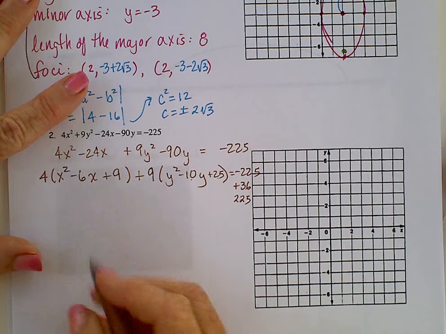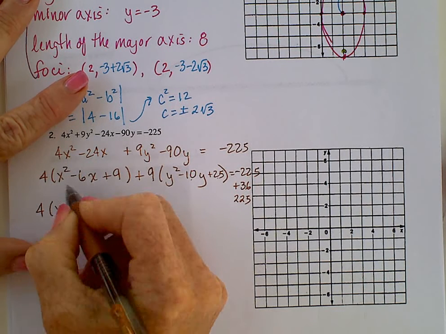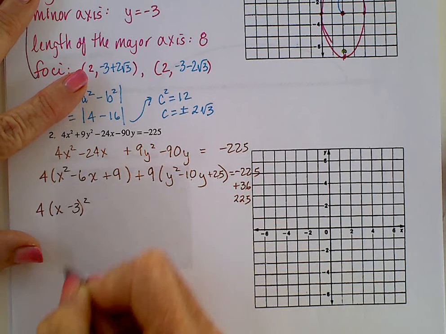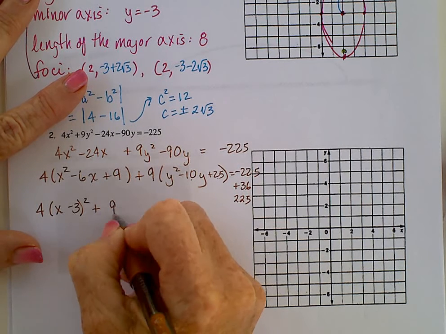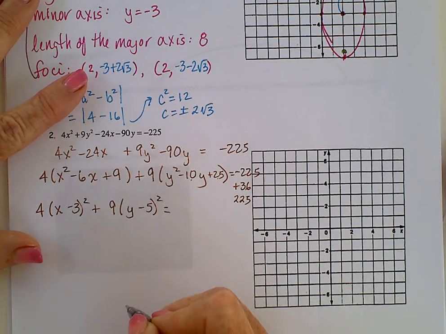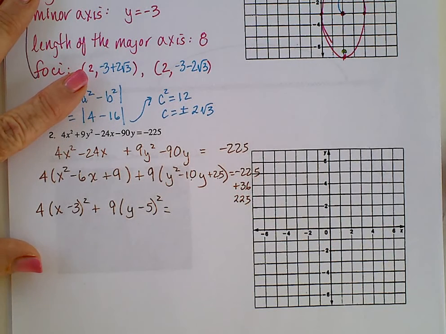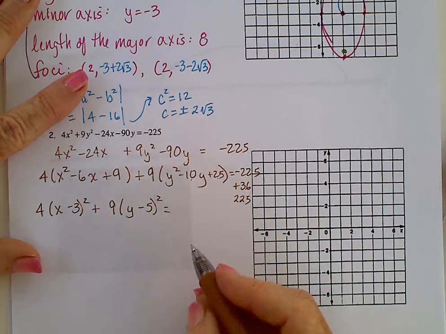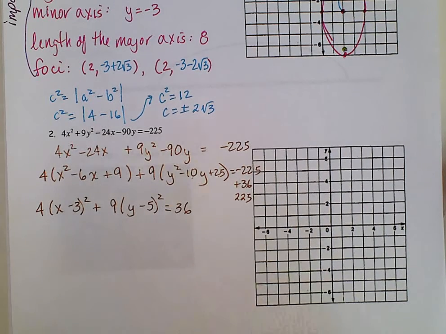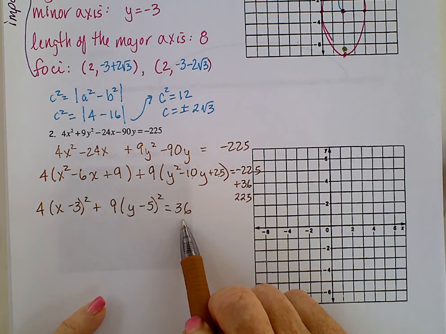All right, cleaning this up a bit. x squared minus 6x plus 9 factors into x minus 3 quantity squared. The y's, y minus 5 quantity squared equals, on the right hand side, conveniently the negative 225 and the positive 225 cancel out, and we are left with a 36. Now for an ellipse, this number over here has to be a 1.